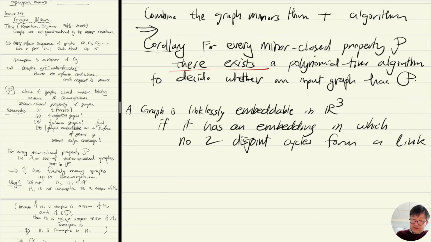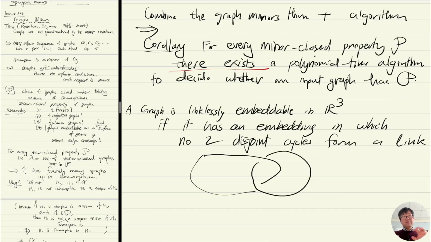So what is a link in three-dimensional space? It looks something like this, right? If you have two cycles making a link, then it is a link.